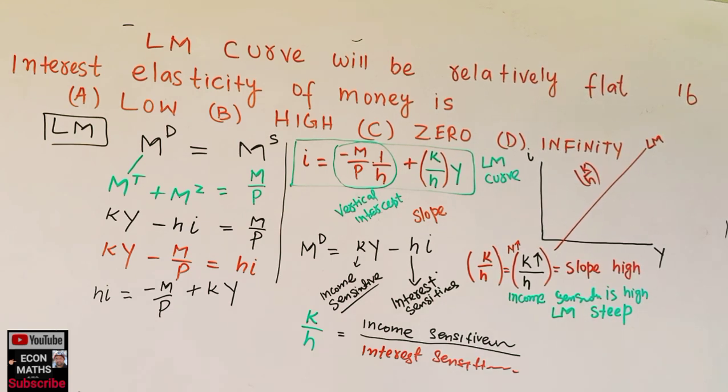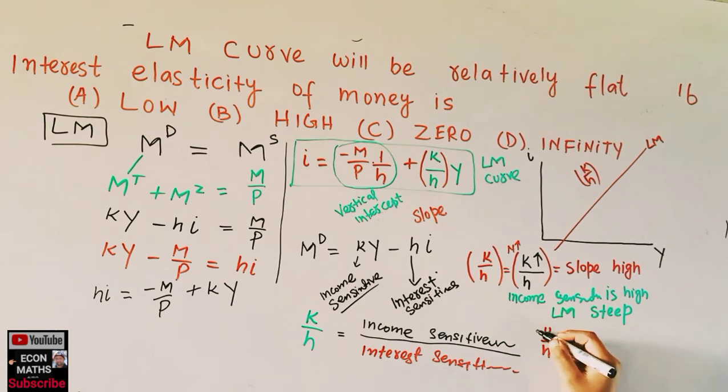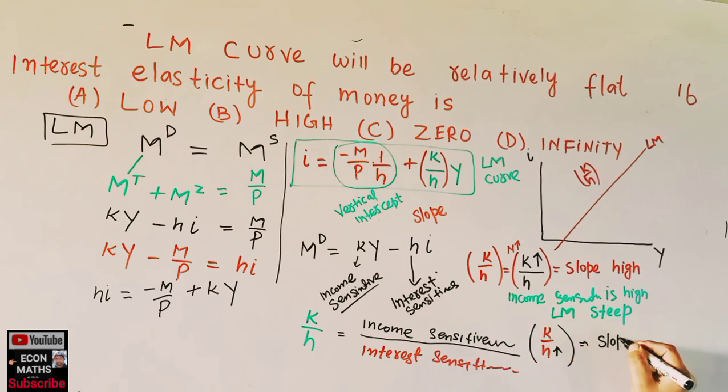On the other hand, if in k upon h the denominator is high, the whole number will become low. That means the slope will be low.